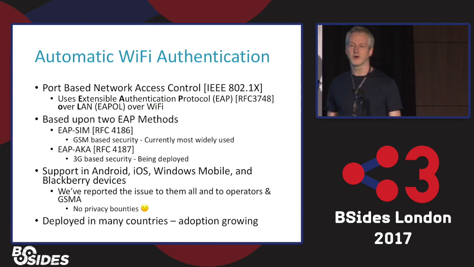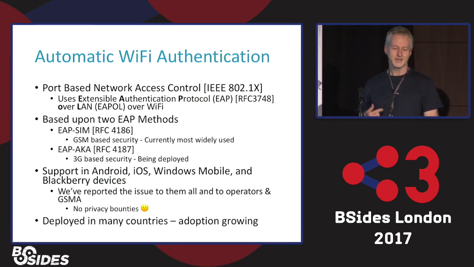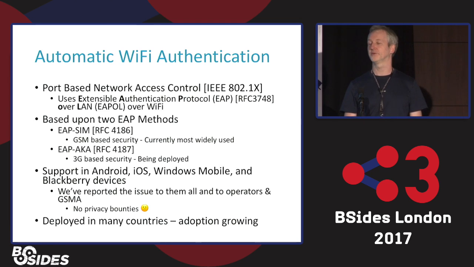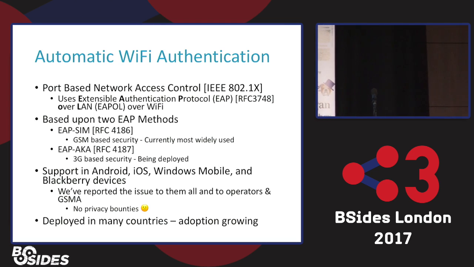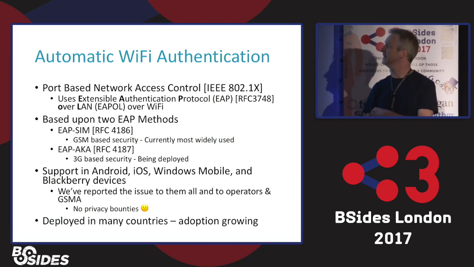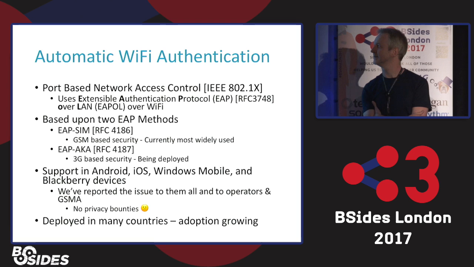This automatic Wi-Fi authentication, as I said, is IEEE 802.1x. It uses another standard, the Extensible Authentication Protocol, known as EAP, specified in RFC 3748 from the IETF. It's basically EAP over LAN, or EAPOL, going over Wi-Fi.